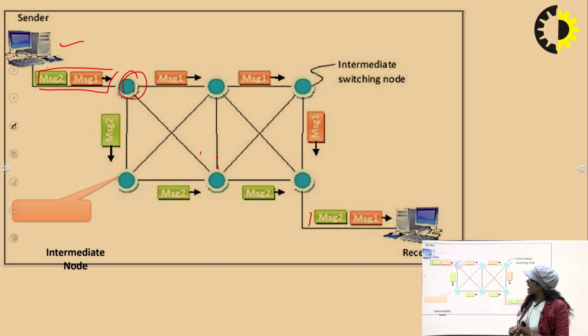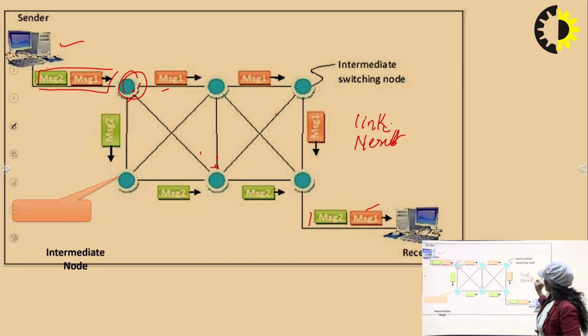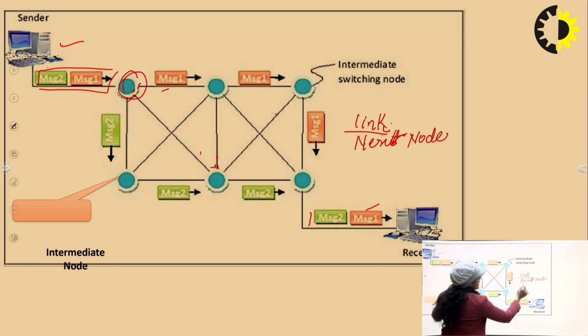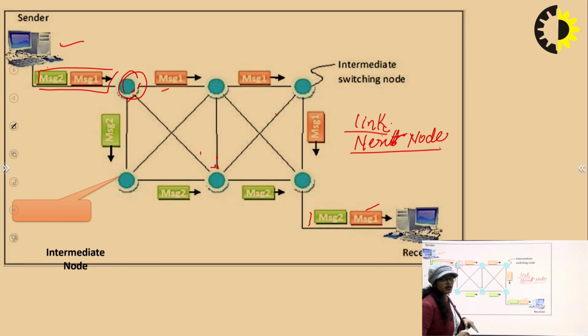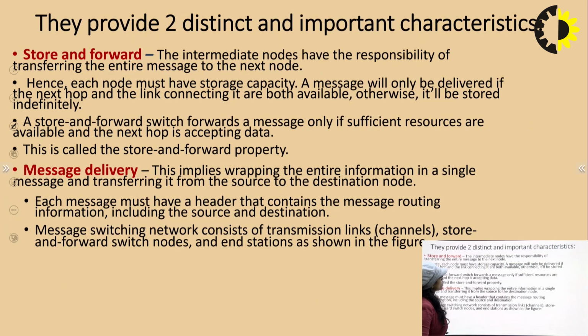The condition is that your message should be complete at this position. If your message is completely received by this node, then this node checks for the next interested node and link. If it finds the link and the next node, then it forwards the message. So basically this is the concept.